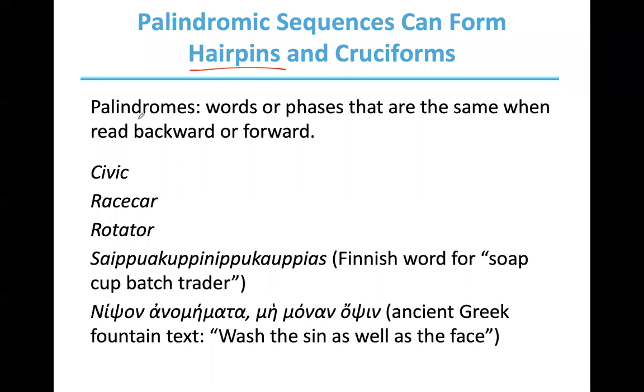For example, one of the most familiar to us, which doesn't have to do with the nucleic acids, are known as palindromes. Palindromes are words or phrases which are the same when you read backward or forward, right? So for example, civic, you read this way or this way, it's the same word.